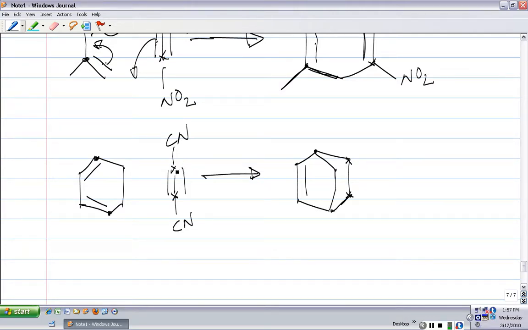Similarly, attached to these two carbons, there was one pi bond, and this pi bond was involved in the reaction, but the other one was not, so it is still there. And attached to it are my two cyano groups.